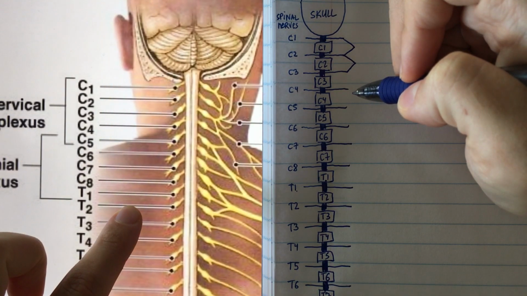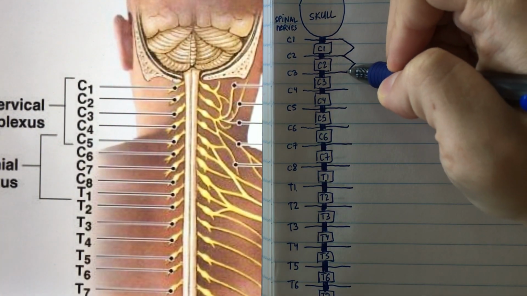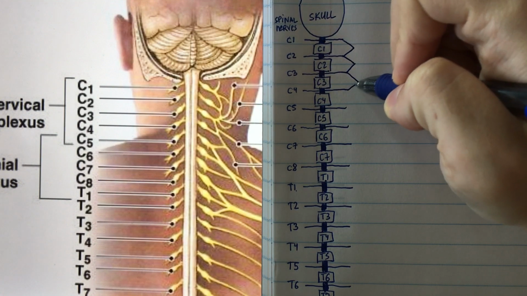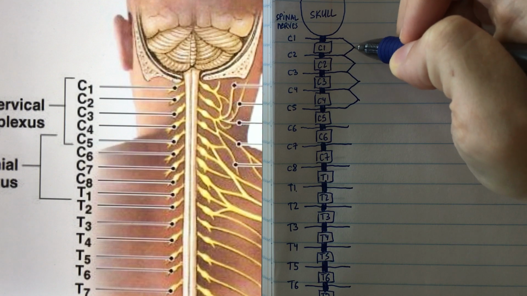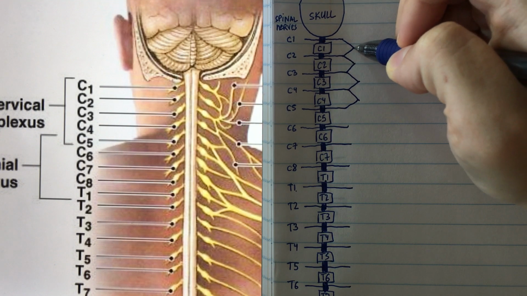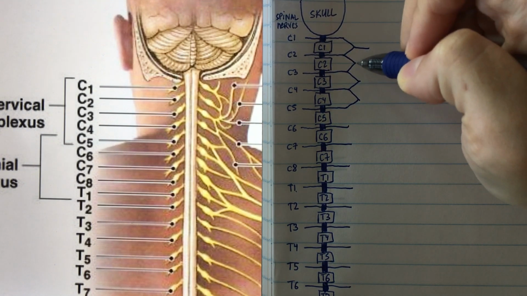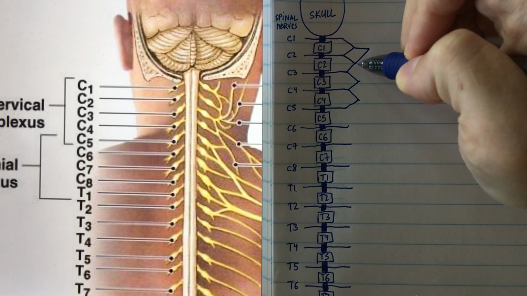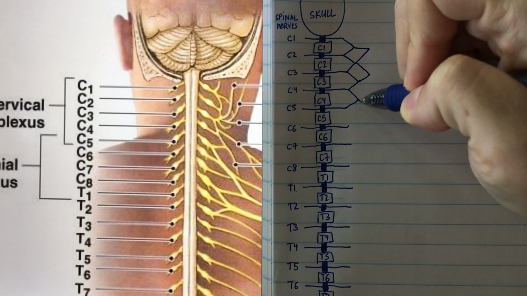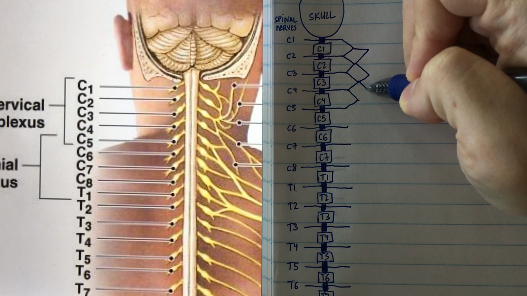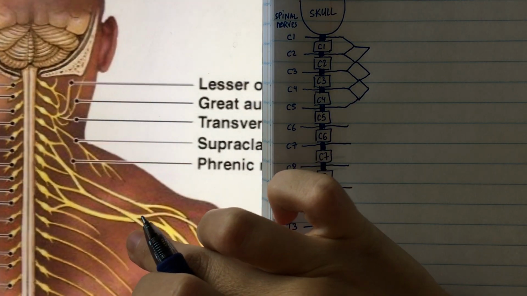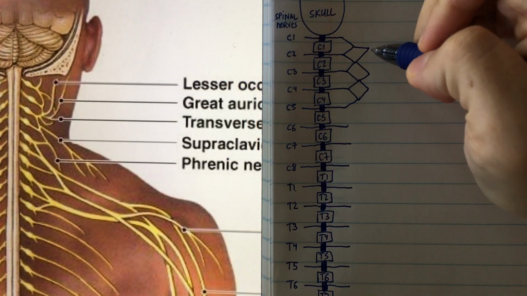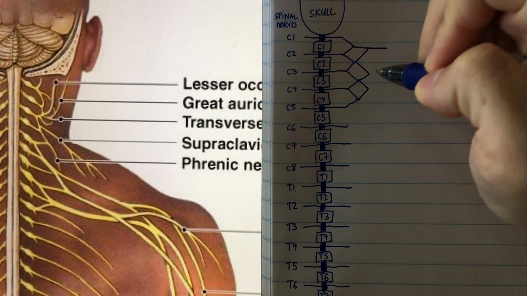So through C5, in various ways, they form kind of like these braids. This is a very approximate representation of that. But what happens is that in the end, there's going to be several nerves that will come out of that.